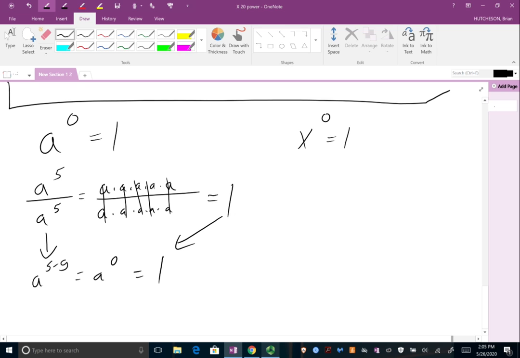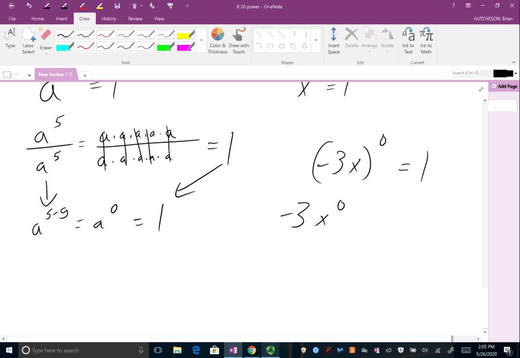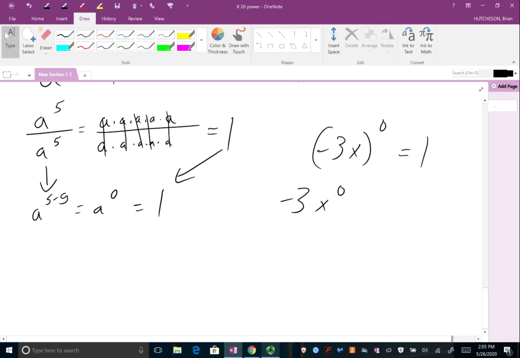Anything to the 0 power is 1. If I gave you negative 3x, in parentheses, to the 0 power, you better write 1. Notice the parentheses. Because if I gave you this, for those of y'all that have followed along with some of the PEMDAS videos, this is technically negative 3 times x to the 0.